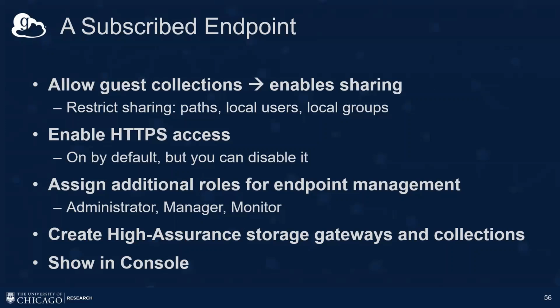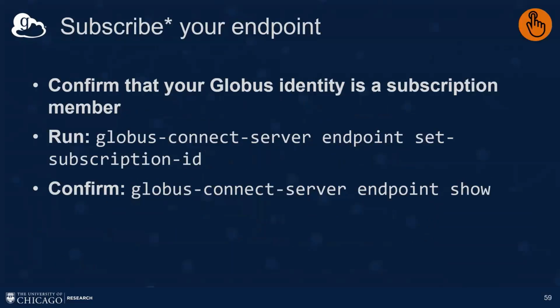Okay, high assurance storage gateways. It's a subscription feature, and there is a Globus console that gives a nice visual view of what's happening in your endpoint. And with that, I think I'm out of time, so I'll skip to subscribing your endpoint.